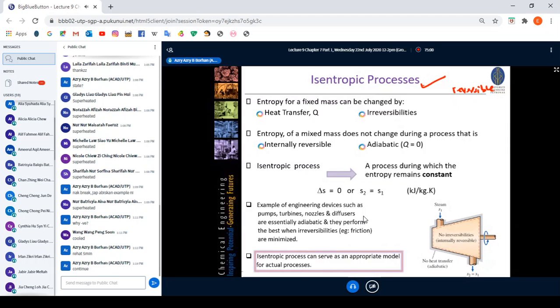Actually, two of the processes that make up the Carnot cycle can be categorized under isentropic process.